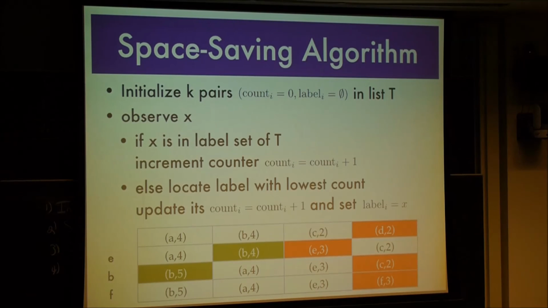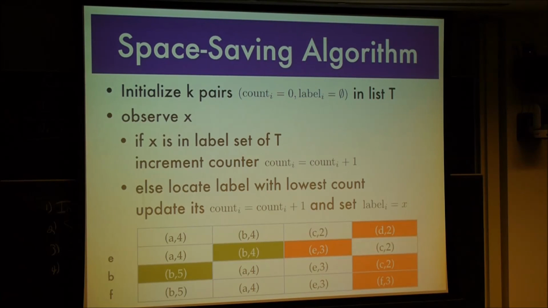Initially I set the label to be empty and the counter to be 0. And now I do the following. I observe an element. If the element is in the set of pairs, I increment its counter by 1. If it's not in the set of pairs, I locate the label with the lowest count, update its count by 1 and rename the label.